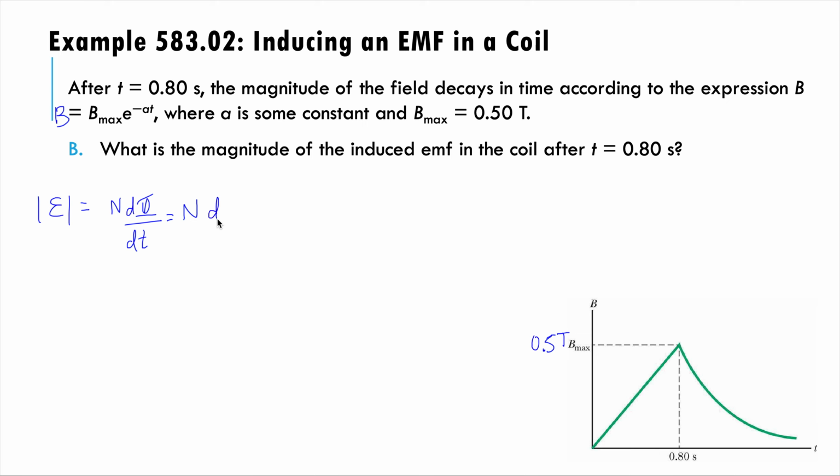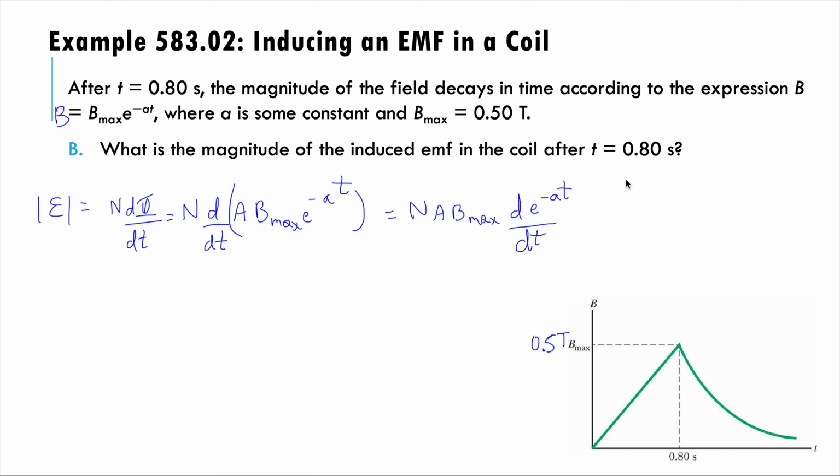But we're going to take the derivative of AB, where B is going to be B max e to the negative a t. So we're going to take the derivative of this whole expression with respect to time. So we can take out the constants here, A, B max, and we're going to have d of e to the negative a t over dt.